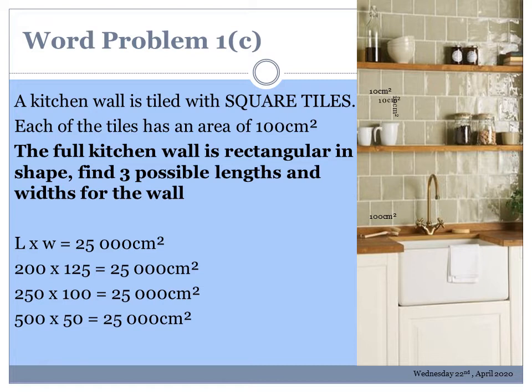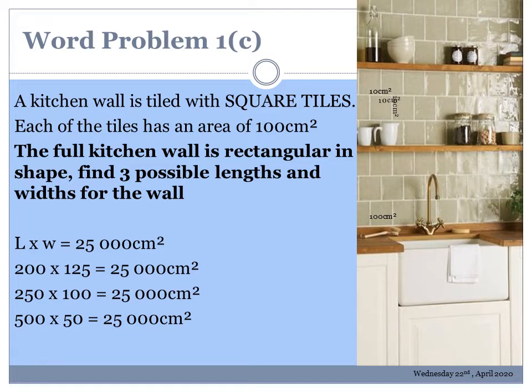What shape do we want for our kitchen? Do we want the 250 length and 100 width, or 500 length and 50 width, or 200 length and 125 width? They will all produce the same area. So these are the three options that we can have for the tiling of our wall.